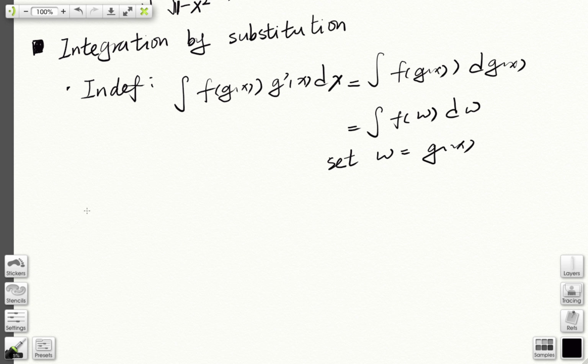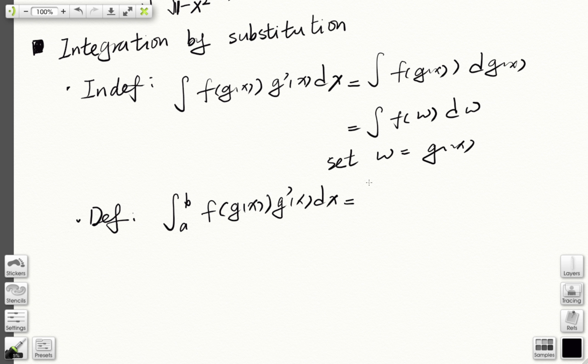And as for the definite integral, we have the integral from a to b of f of g of x, g prime of x dx equals the integral from g of a to g of b of f of g of x dg of x.